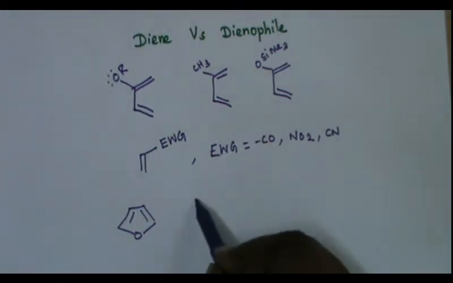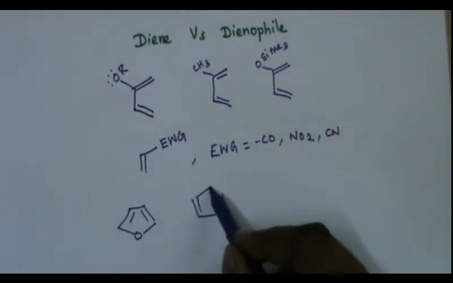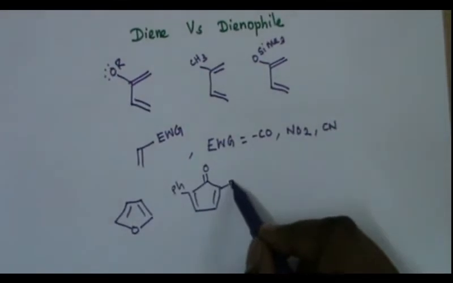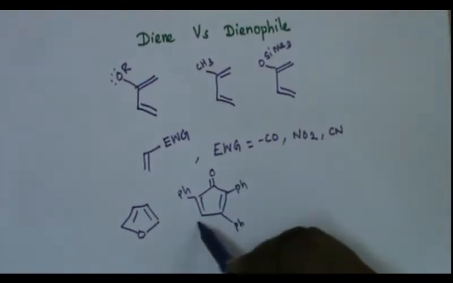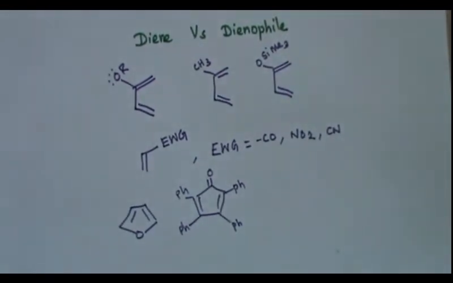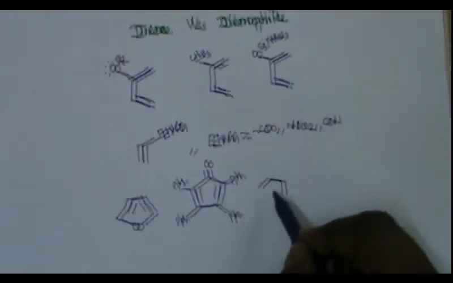Next compound is tetracyclone. This compound can act as a diene. Next one, anthracene.